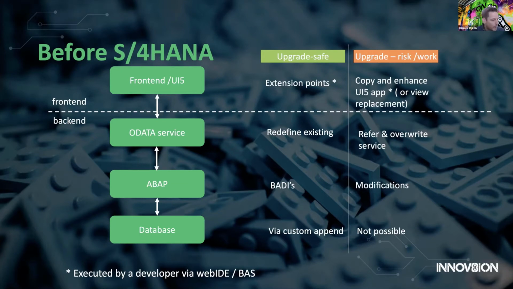And also by redefining existing OData services. Here you can incorporate the mapping between your ABAP and your UI to send your custom fields from your system to your Fiori application. And to populate your Fiori OData service, there are BAdIs in place which you can enhance in a safe way, and you can reactivate after your upgrade.